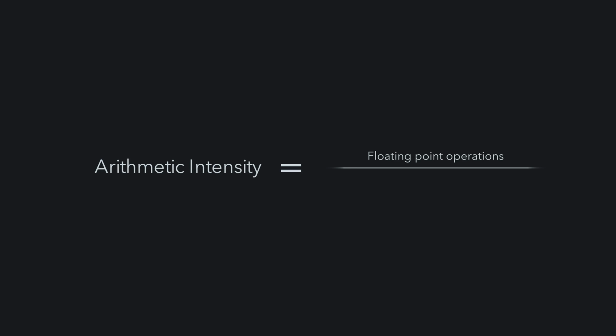What decides the regime we're in is the arithmetic intensity. How much work the CPU has to do for the amount of data that has to be moved.